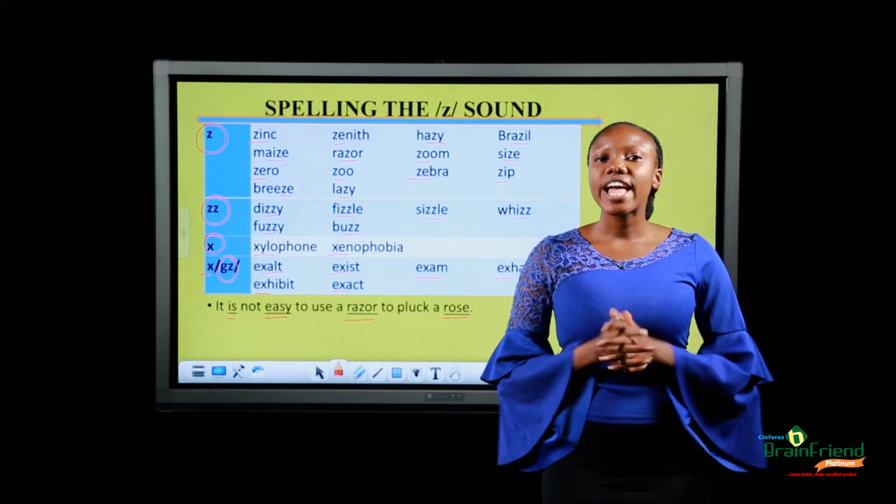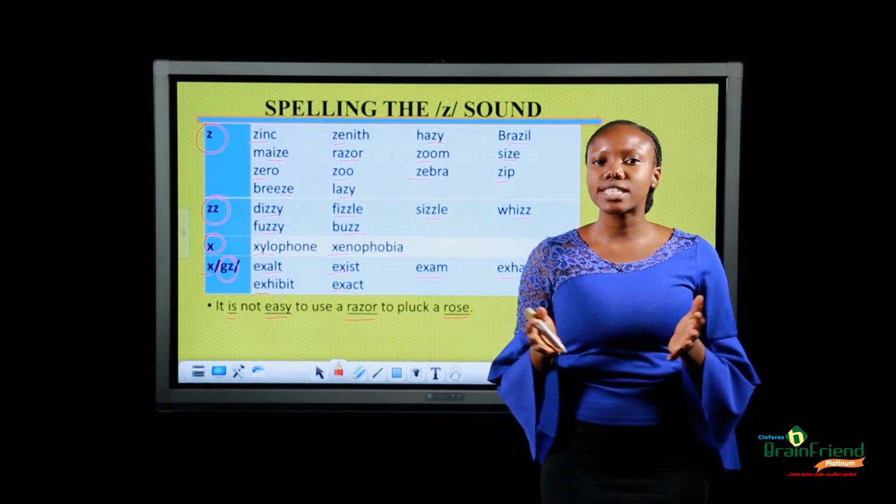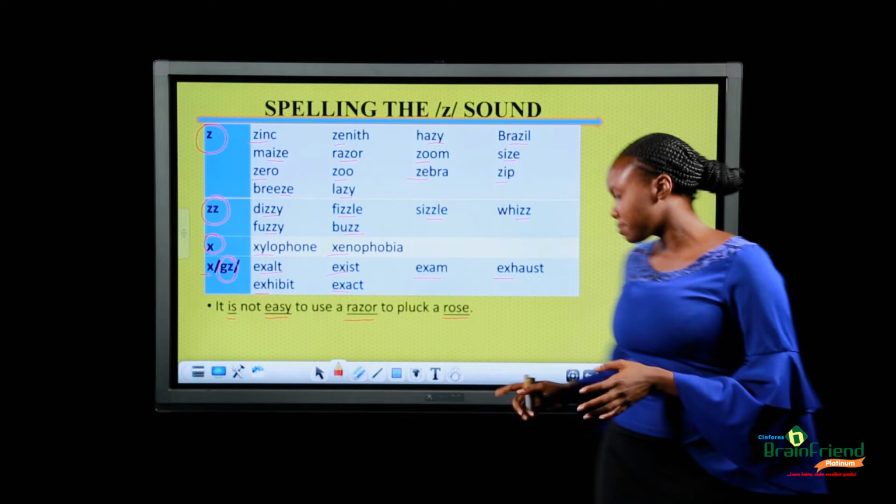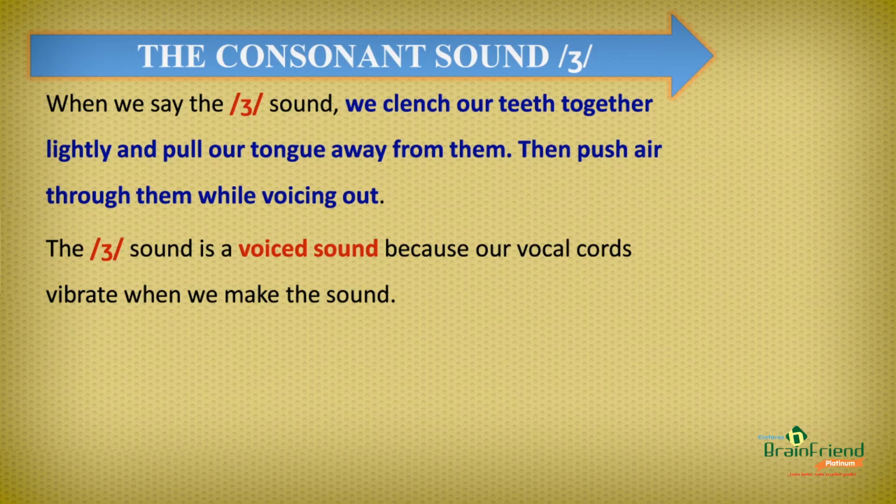Having gone through this, let's go on to the next sound, the /ʒ/ sound. The /ʒ/ sound is almost the same as the Z sound, where we have our teeth together and we pull our tongue away from them, then push air through them while voicing.